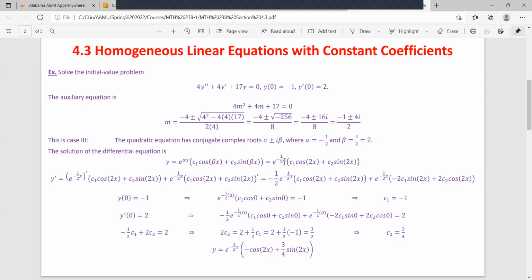So we can call this f and g. When you take the derivative of this function y, then we get y prime equals f prime times g plus f times g prime. Okay. So if you take the derivative of e to the negative 1/2 x, you get e to the negative 1/2 x times the derivative of negative half x, which is negative half, by the chain rule.